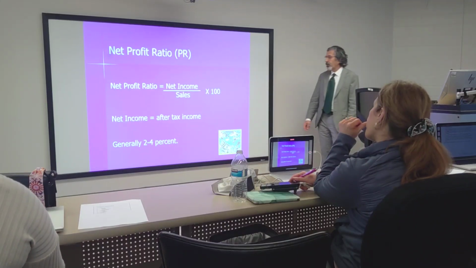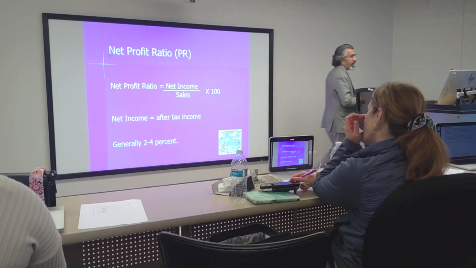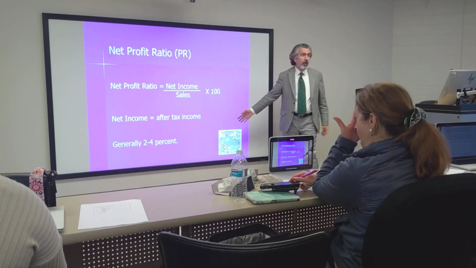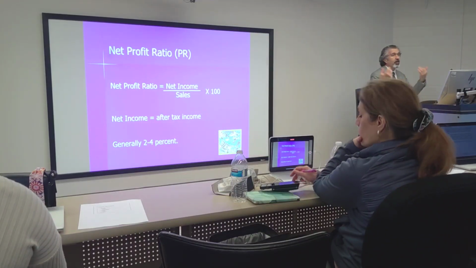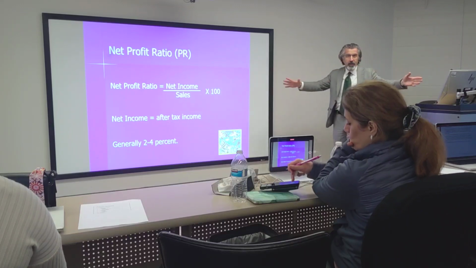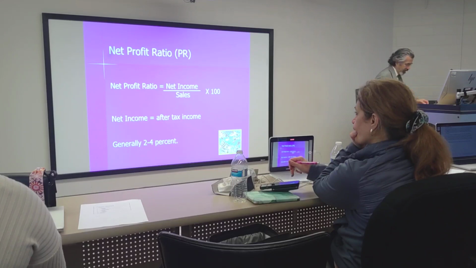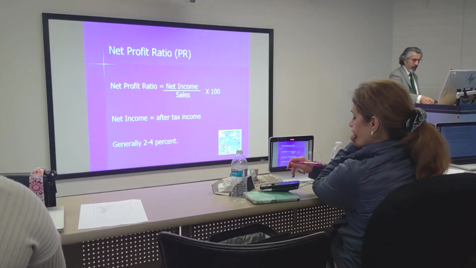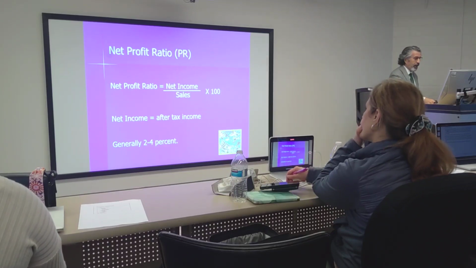Of course, net income equals after-tax income because you have to pay your taxes or they shut you down. And you want it to be 2 to 4%. That's the money that you completely set aside. It's your net profit. You paid all the bills. You paid your big salary as an independent owner of a pharmacy. And now, whatever is left is that. Again, you want that ratio to be 2 to 4.